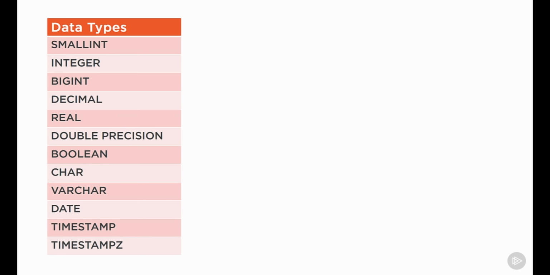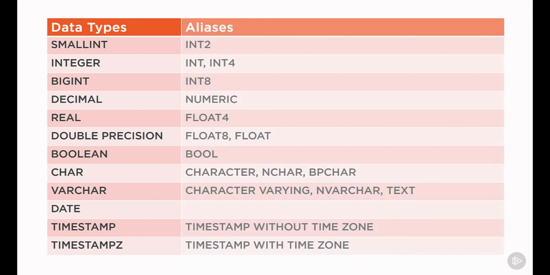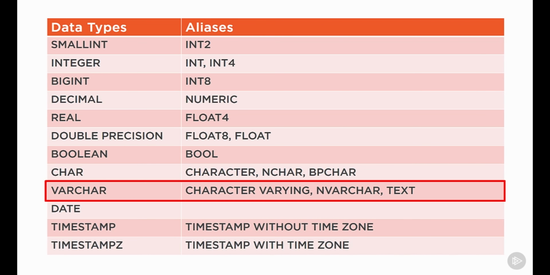Now, many of these data types have a number of aliases that will allow you to specify the name of the data type that you are most familiar with. For example, you could specify either varchar or nvarchar or even text, and it would all indicate the same thing to Amazon Redshift. What it says is, this is a string of varying length that supports multi-byte characters. In the SQL Server world, that would be an nvarchar.